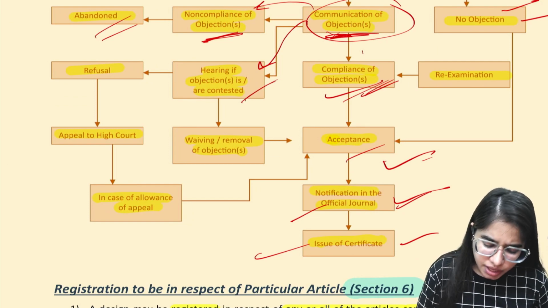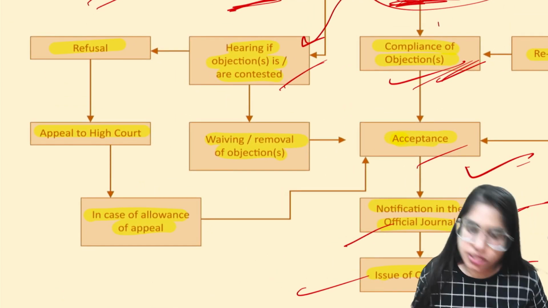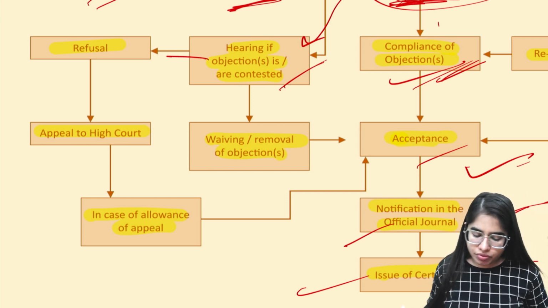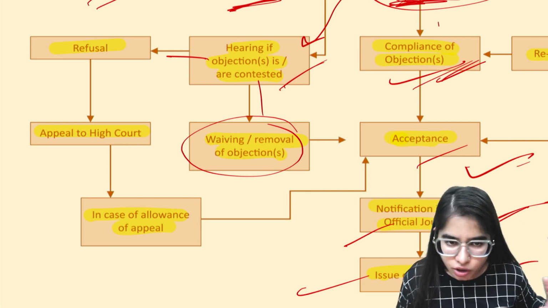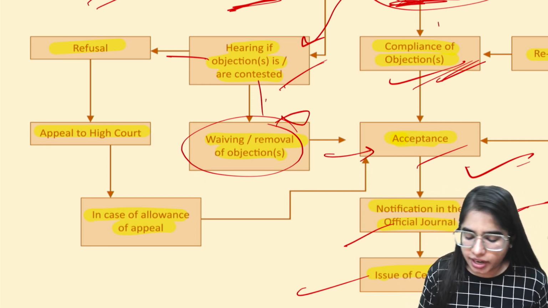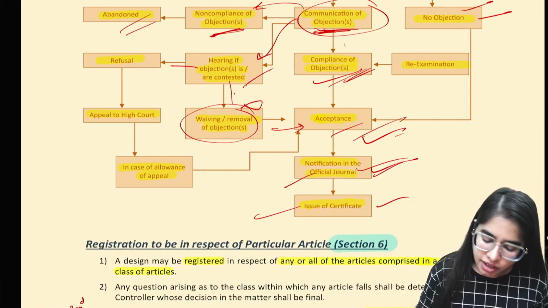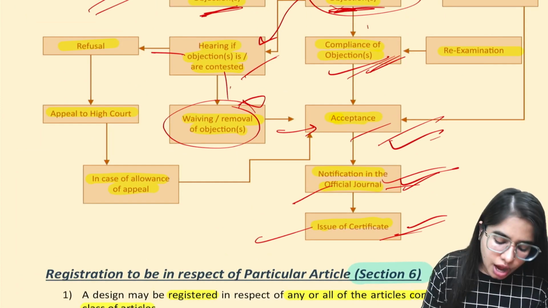After hearing, 2 things can happen. Either they can accept or reject. Let's say they removed the objection. Now they don't have any other objection. They accepted our application, and then after acceptance, they will publish it in the official journal and issue the certificate.